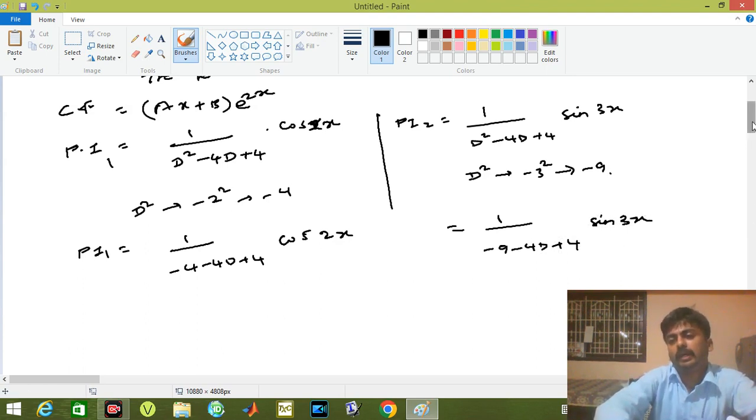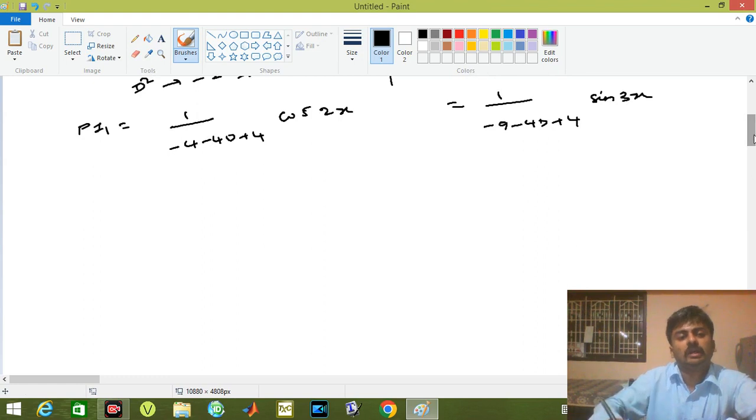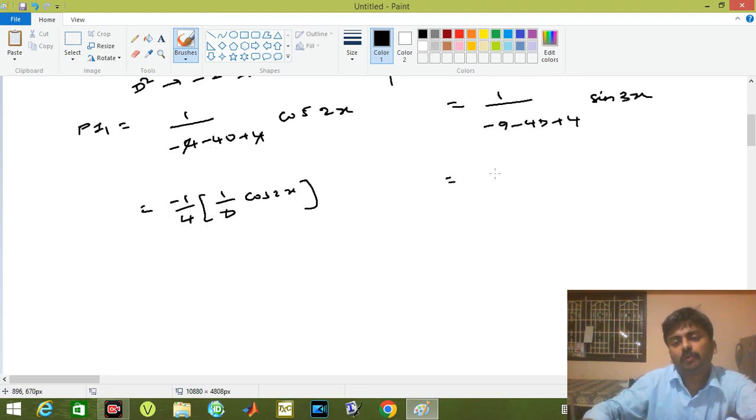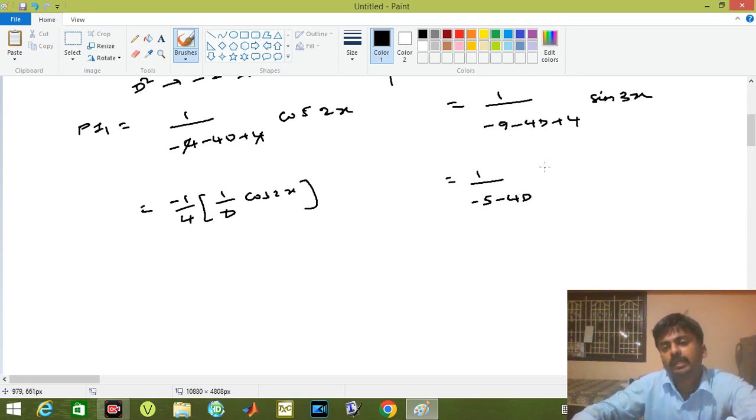Okay, and after that here in PI1 these two terms will get cancelled, and 1 by minus 4d will become minus 1 by 4 of 1 by d of cos 2x, and here you will have 1 by minus 5 minus 4d into sin 3x.